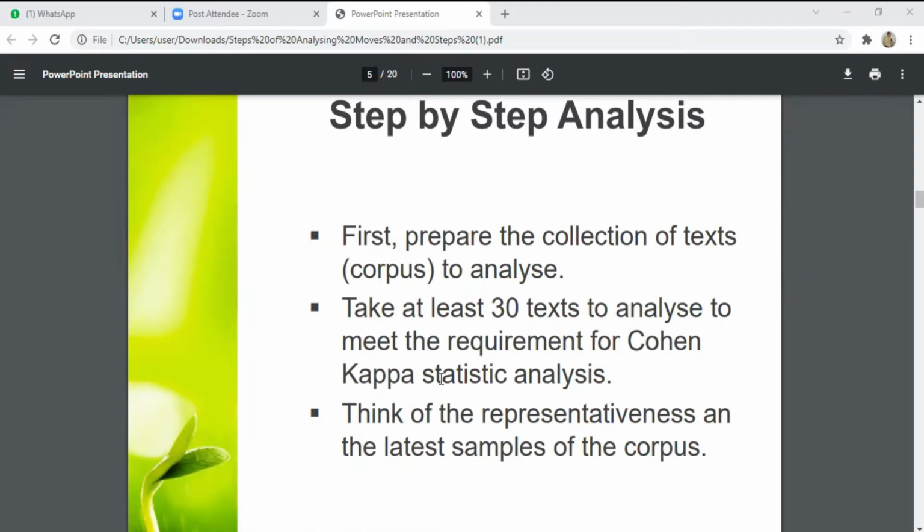For example, how many journals are published in a particular field by international authors? Of course there will be so many. So you have to think of representativeness. Don't take too small a sample, because it will not be representative, and don't take too many, because it will take a very long time to analyze.